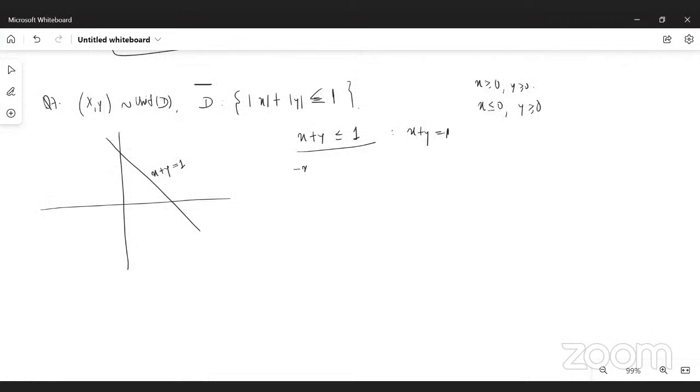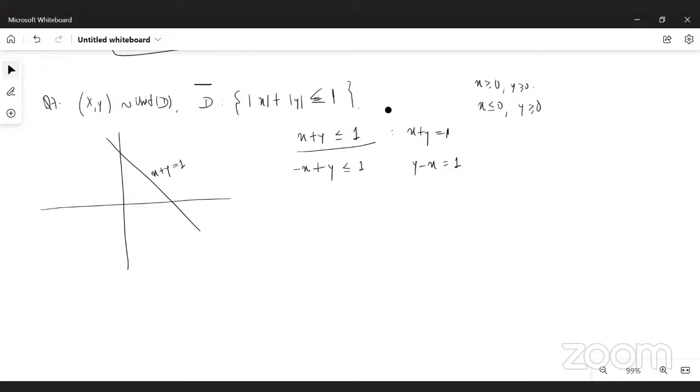And since y is positive, y will open with a positive sign. And this should be less than or equal to 1. Now, in here, what we want to draw is y minus x is equal to 1.